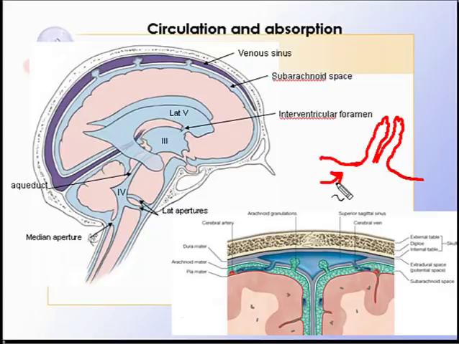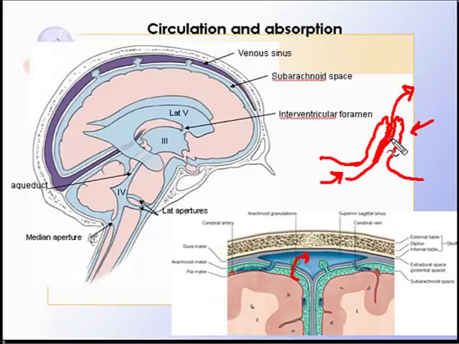Now the pressure in the subarachnoid space is always more than the pressure in the venous sinus. So the cerebrospinal fluid present here will pass out through this channel into the venous sinus. Blood does not flow from the venous sinus into the subarachnoid space, because the moment the pressure increases on the outside, it pushes the arachnoid villus and closes this channel.